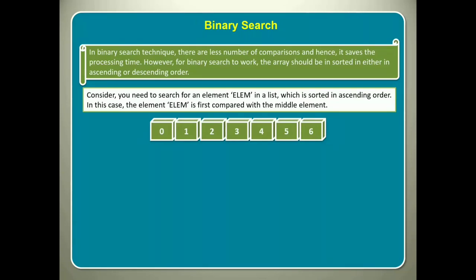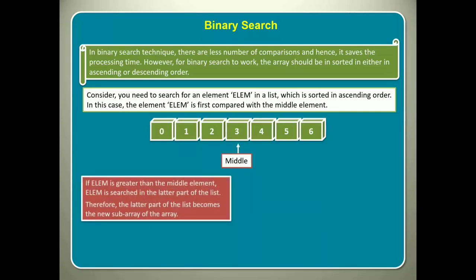In this case, the element, LM, is first compared with the middle element. There could be two possibilities. One, LM is greater than the middle element, or LM is smaller than the middle element. If LM is greater than the middle element, LM is searched in the latter part of the list.